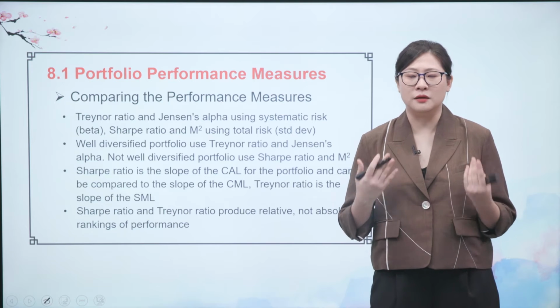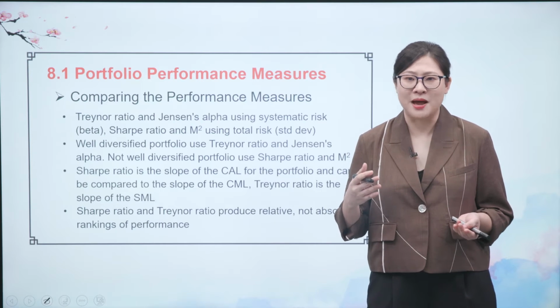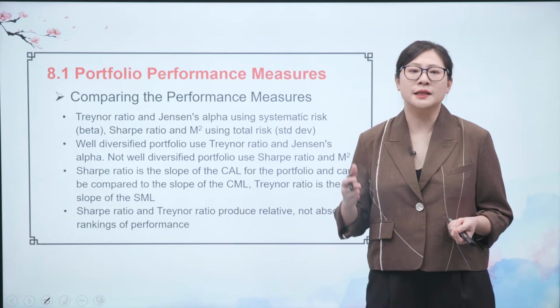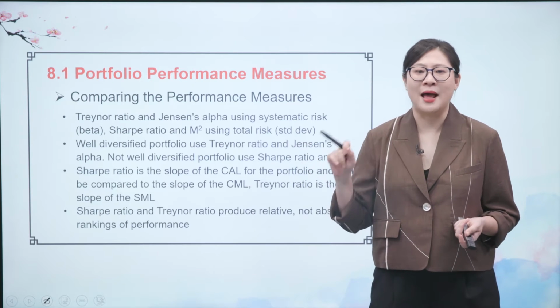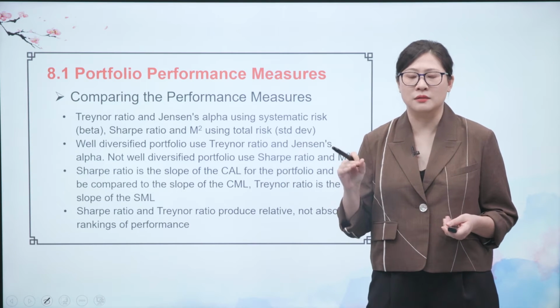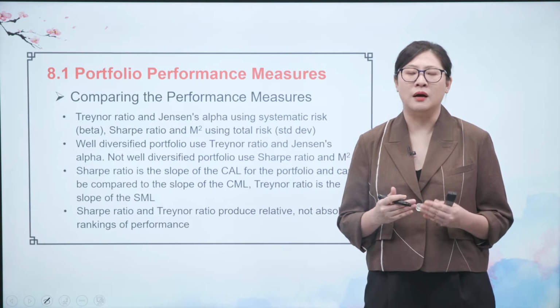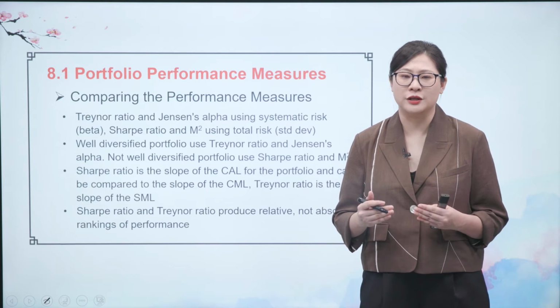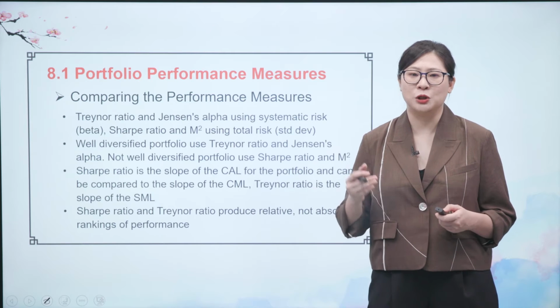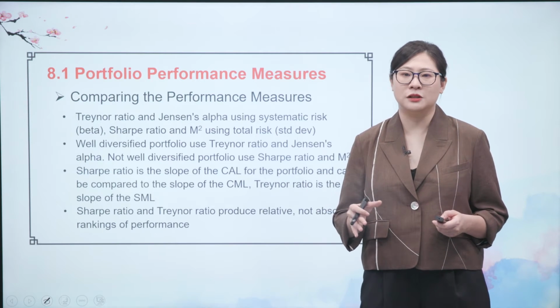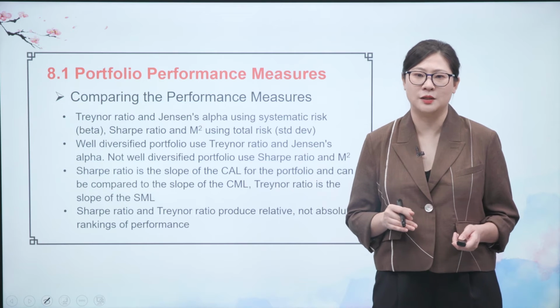Both assume the unsystematic risk is well diversified. The Sharpe ratio and M square use the total risk, so we use the standard deviation in our equations. For the Sharpe ratio and M square, we consider both systematic risk and unsystematic risk.